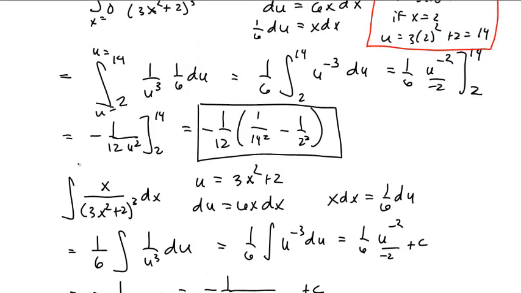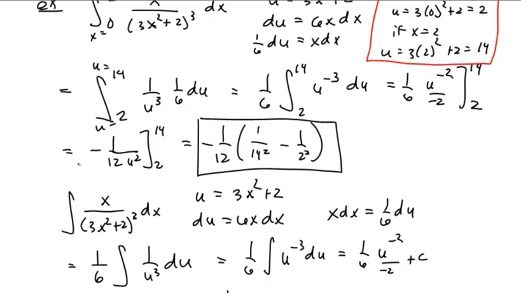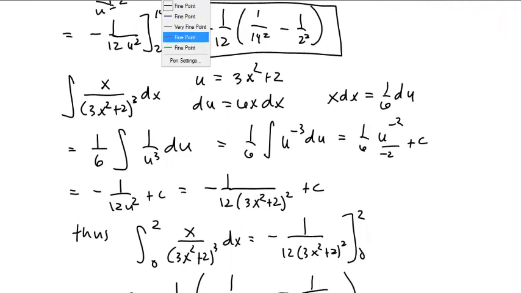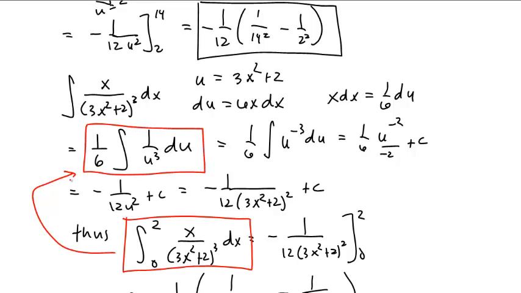But remember, the thing I want to say is, you can't say that if you are evaluating this, it's equal to this, because this is the antiderivative of a function.